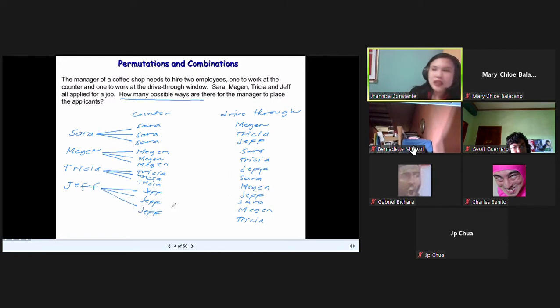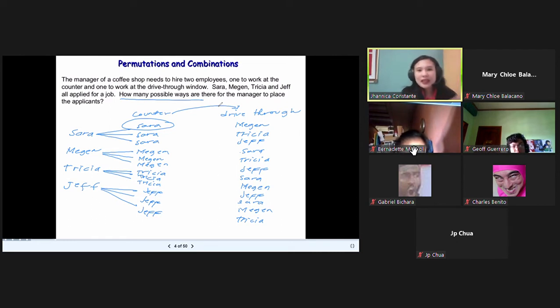So looking at this example, as you can see, kapag yung isang applicant is already being hired on one position, kagaya kay Sarah, hindi na siya pwedeng i-hire for another position which is the drive-thru. Okay? That's why the order or the list is very important.